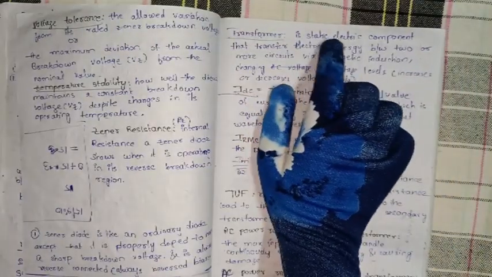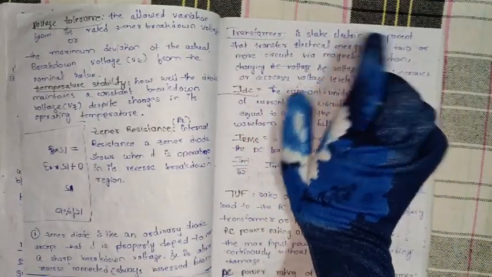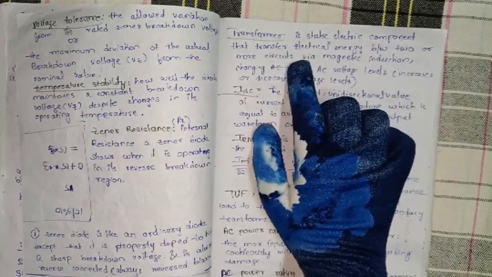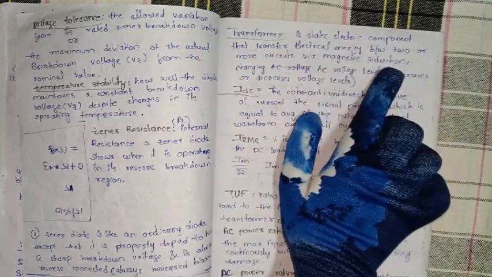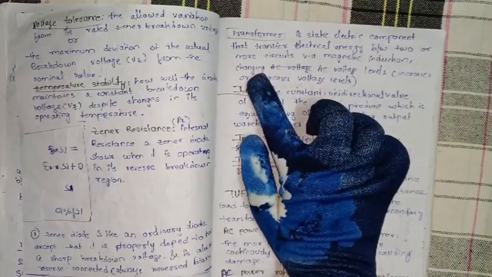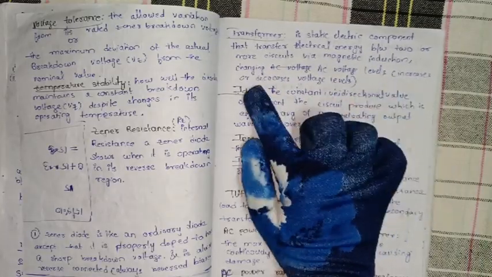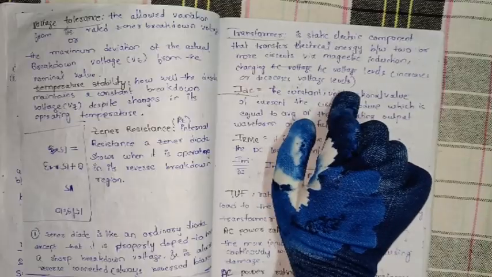A transformer is a static electric component that transfers electrical energy between two or more circuits via magnetic induction, changing AC voltage levels, meaning increasing or decreasing voltage levels.